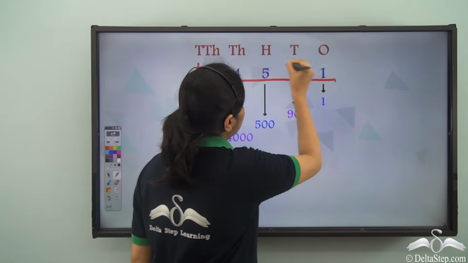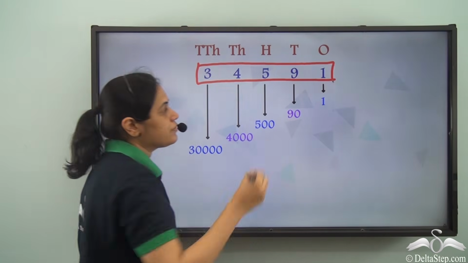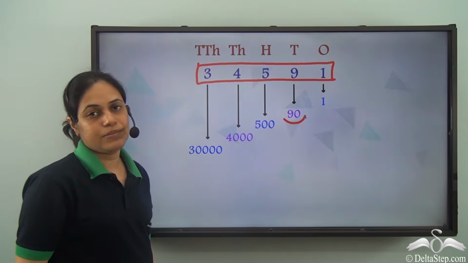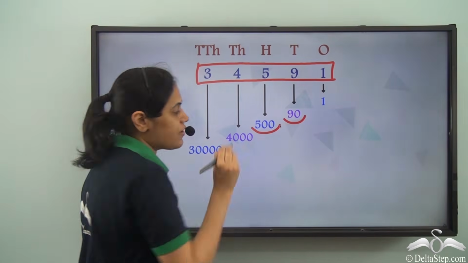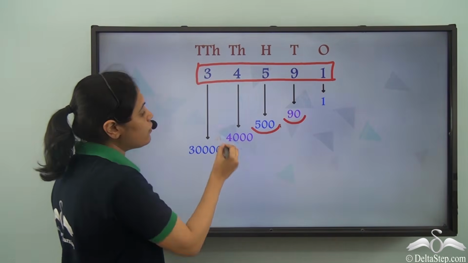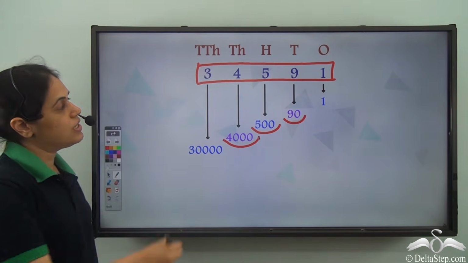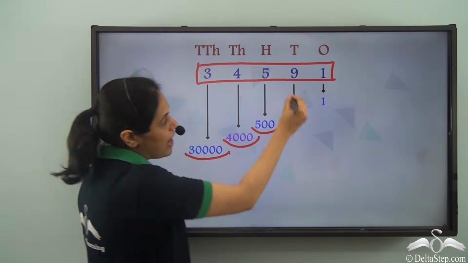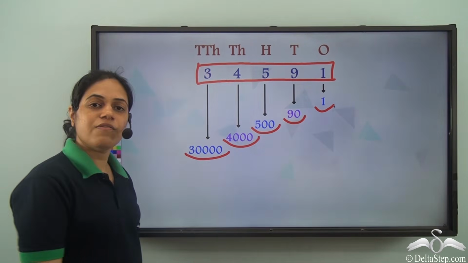So for this particular number, the value of digit 9 is 90. The value of digit 5 is 500. The value of digit 4 is 4000. The value of digit 3 is 30,000. The value of digit 1 is 1.